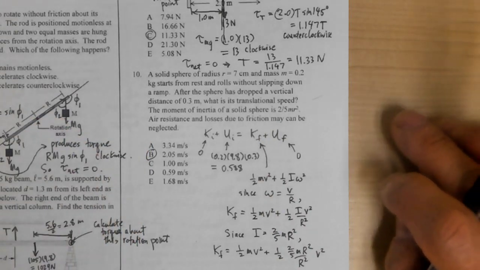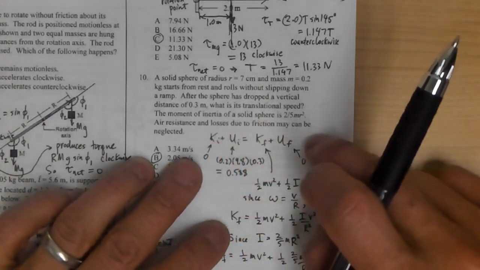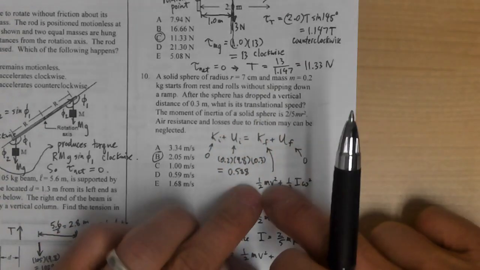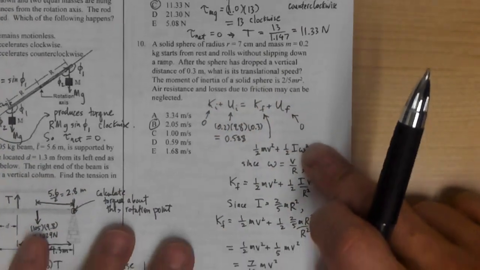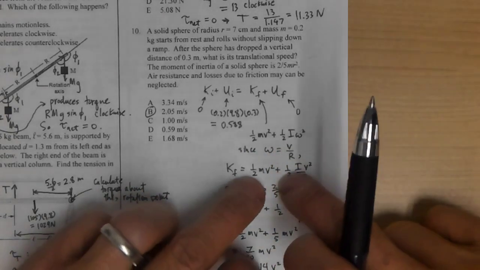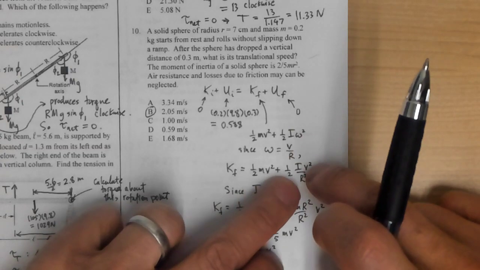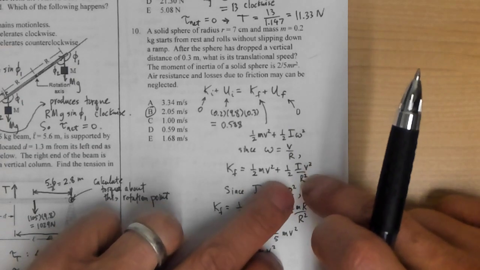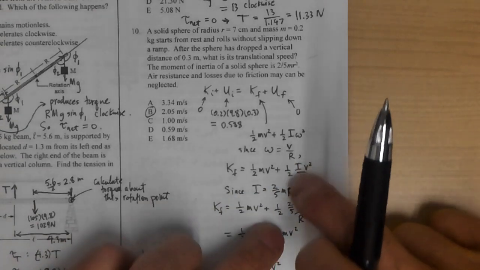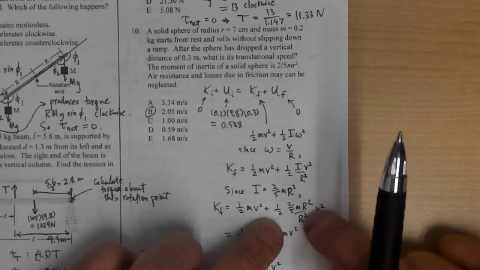Okay, so it's conservation of energy, but the kinetic energy, again, has translational and rotational parts. Once again, we said omega is v over r. Then we can write 1/2 mv squared plus 1/2 I times v squared over r squared. Then plug in I is equal to 2/5 mr squared. Put that in here. We have 1/2 times 2/5 mr squared over r squared, times v squared.